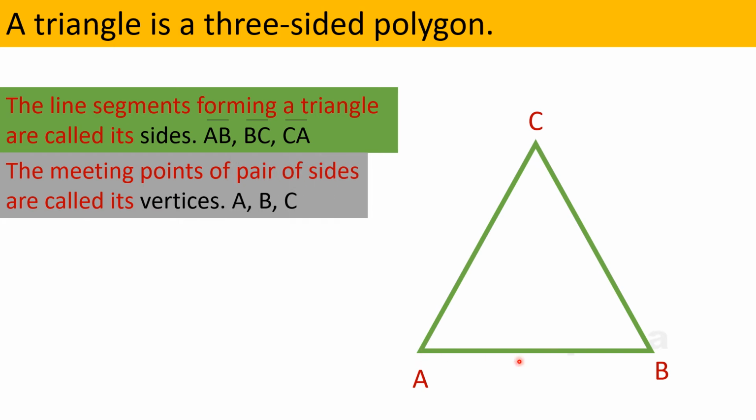This A, B and C, the meeting point of pair of sides like CA and AB are meeting at point A. In similar way, AB and BC are meeting at point B, and BC and CA are meeting at point C. That's why these are vertices A, B, C.